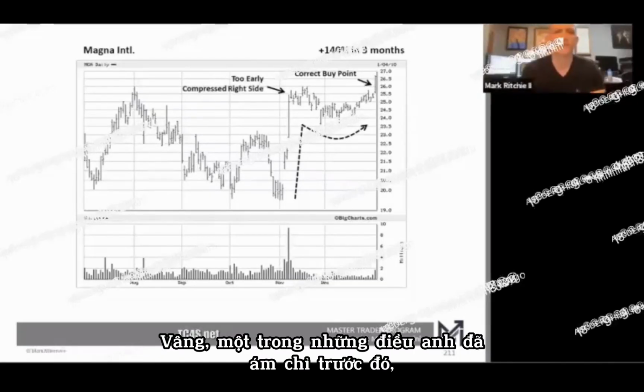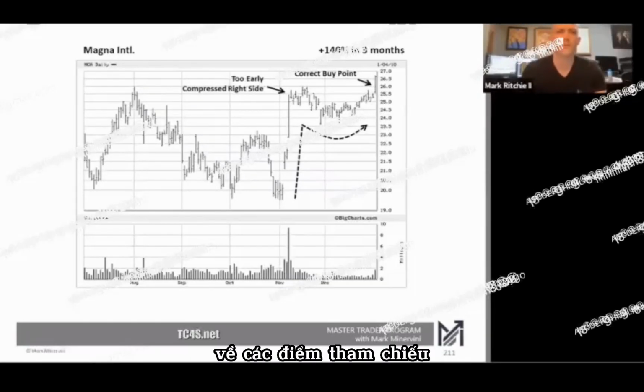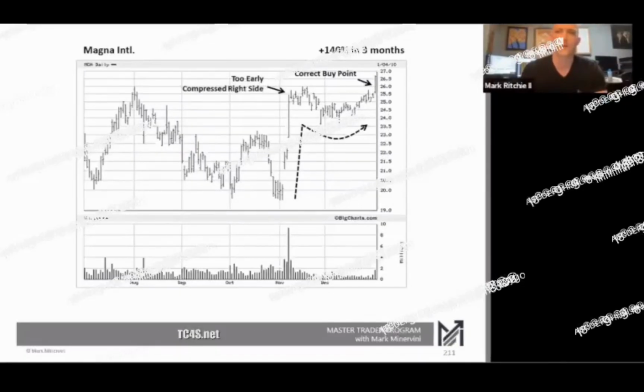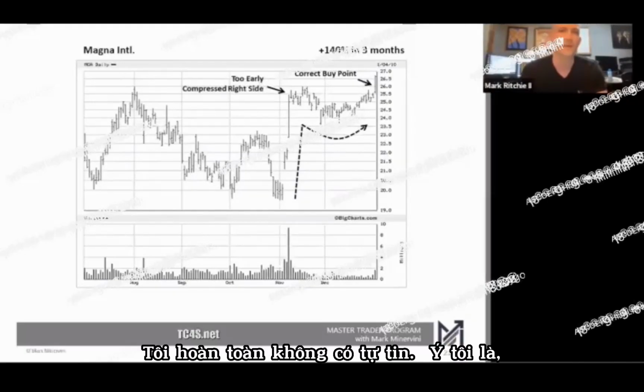Well, one of the things you alluded to earlier, in terms of your reference points, and this chart right here, is the too early, compressed right side. If I do that type of buy 1,000 times, I have absolutely no confidence.